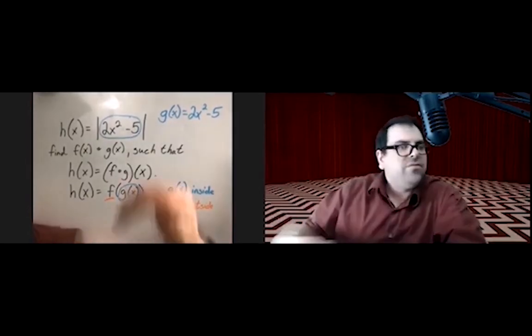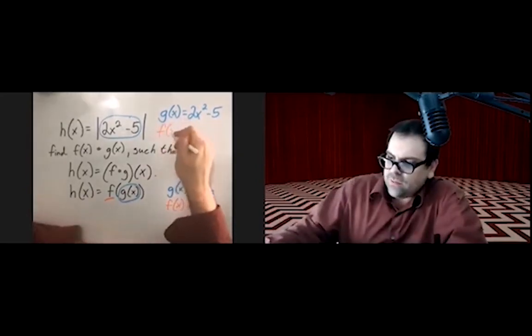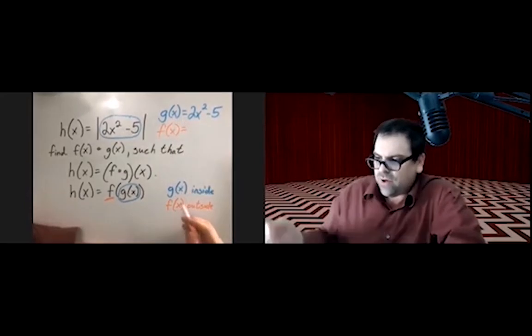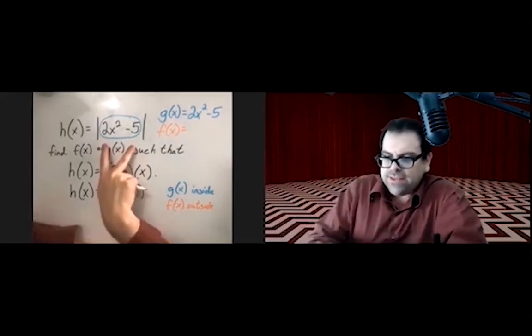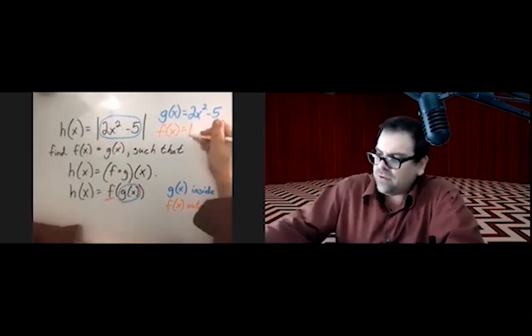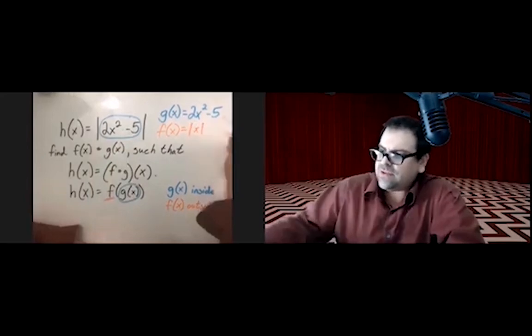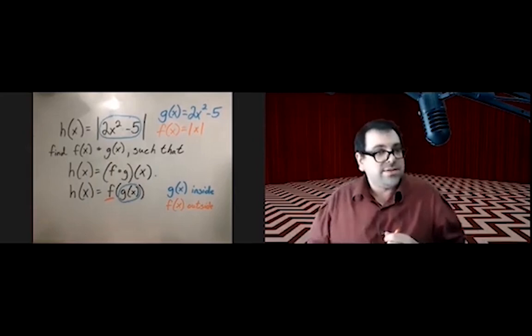On the inside of what? f of x will be the outside function. What is g of x inside of? It's inside of an absolute value. So f of x must be the absolute value of x.